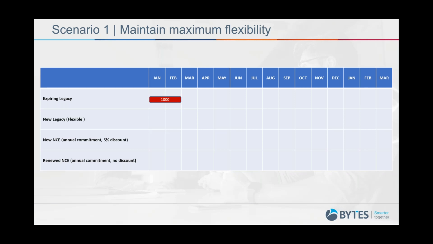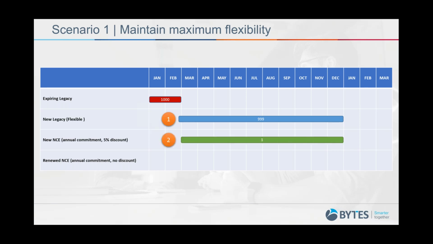So in this example here, the customer has 1,000 Microsoft 365 E3 licenses in a legacy subscription, which expires at the end of Feb. They could renew 999 of them in a new legacy subscription, which starts on the 28th of Feb, obviously the last day to buy new licenses, and that would run up until the end of December 2022.